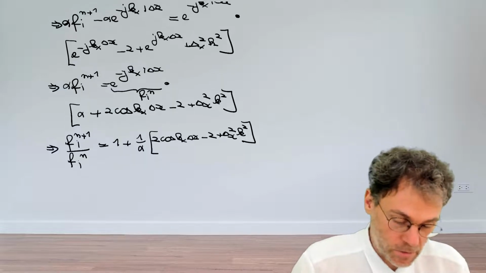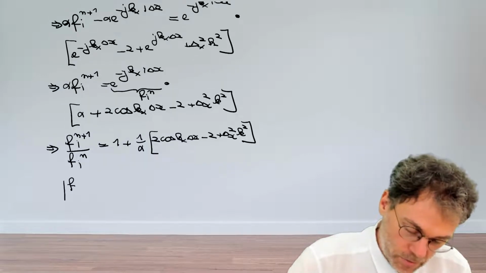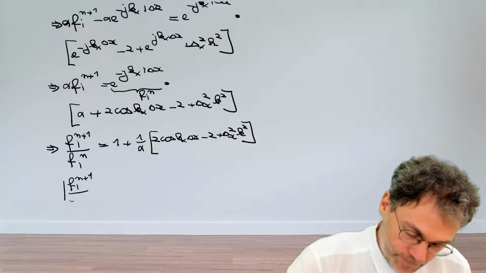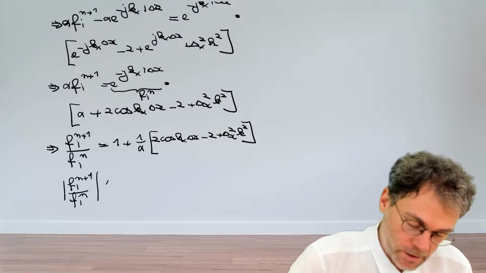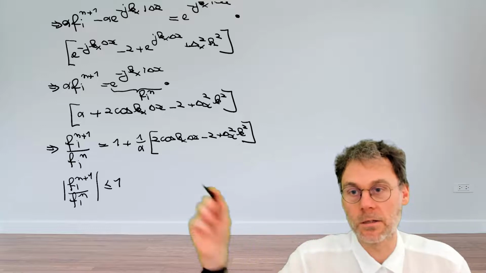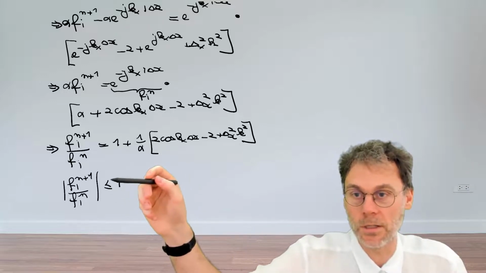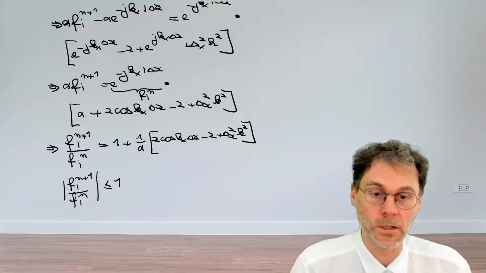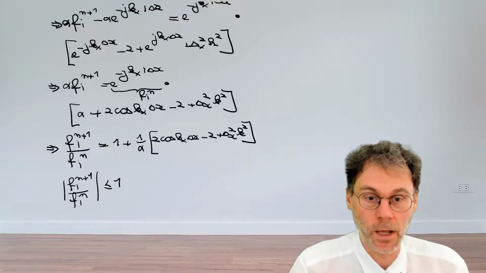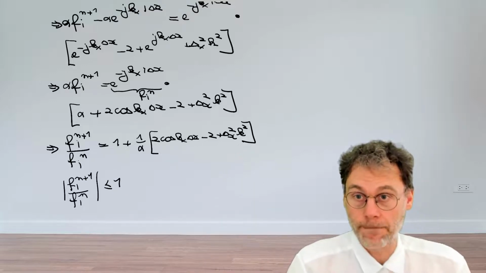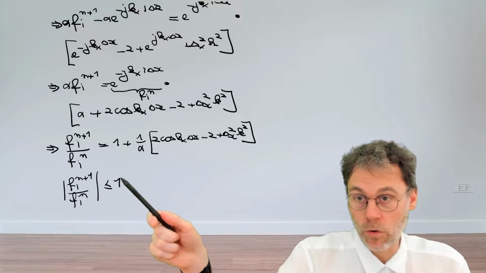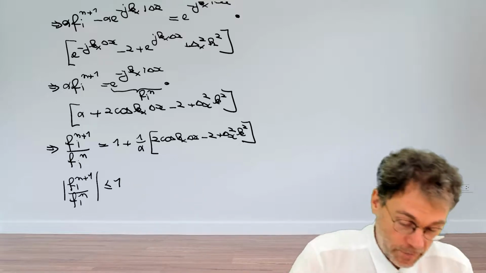In essence, what we want is that the absolute value of this ratio does not blow up. In the worst case, it can stay the same, probably not converge, but in any case, we want to avoid that this thing becomes bigger than 1, so that it becomes unstable. This should hold for all possible values of alpha that you pick.